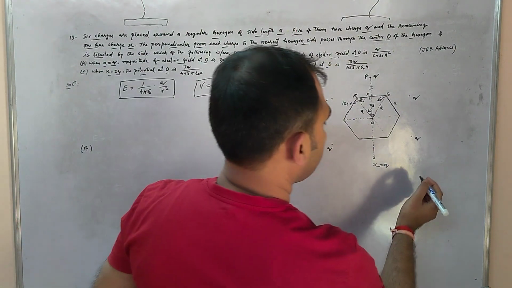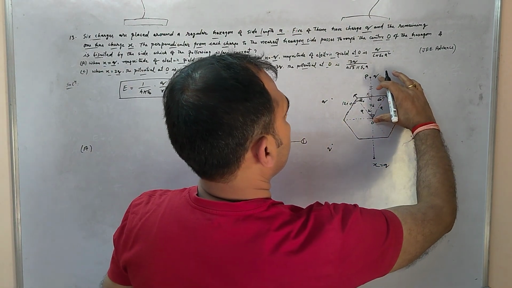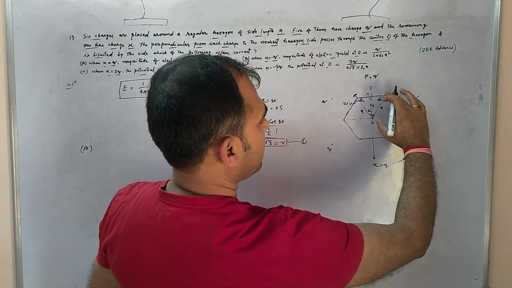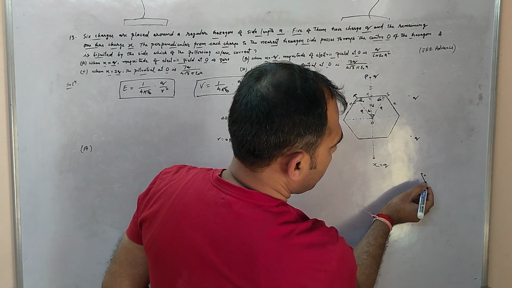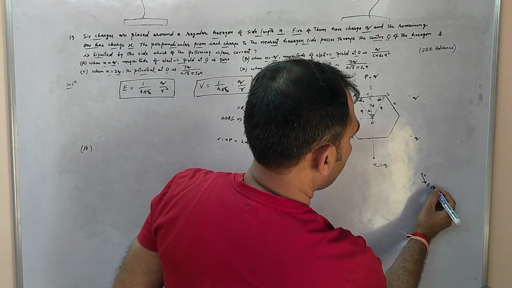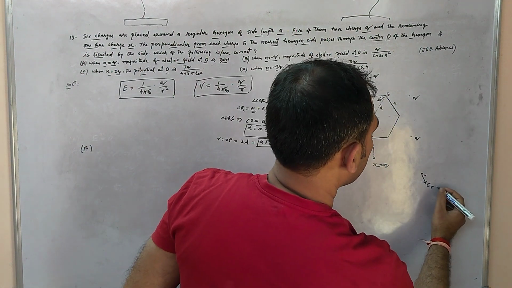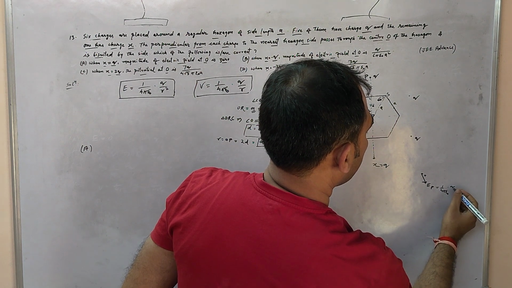How? This is point O. See, this charge Q at point P, the electric field due to this, EP, will be equal to 1/4 pi epsilon naught Q by R square.